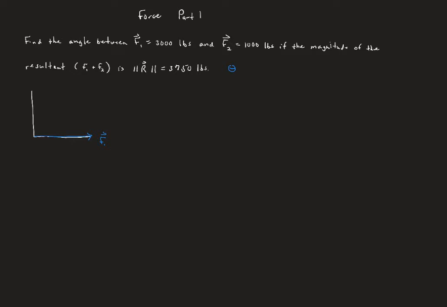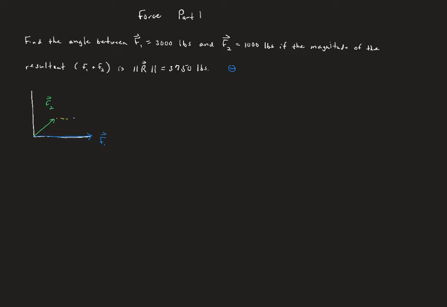Remember the magnitude, which is 3,000 pounds, and pounds are a unit of force, is going to be its length. I'm going to draw F2, and I don't know exactly where it is, so I'll approximate it over here, about 1/3 the length of F1, just a guesstimate because 1,000 is 1/3 of 3,000.